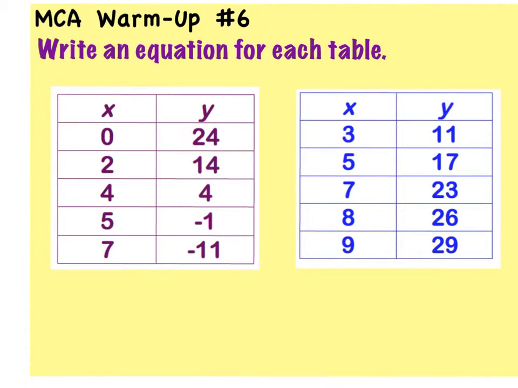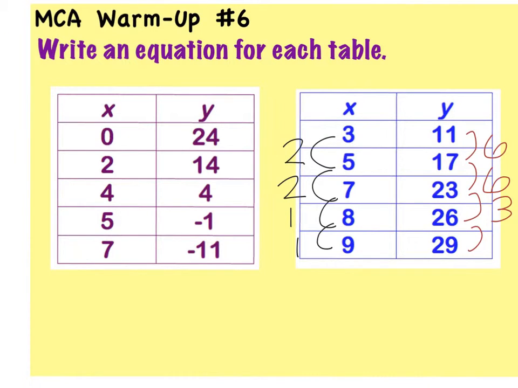Let's look at that second table. In this table, we see x increasing by 2 again, then by 1, and then by 1 again. If we look at the corresponding change in y, we see this time an increase of 6, another increase of 6, an increase of 3, and another increase of 3.